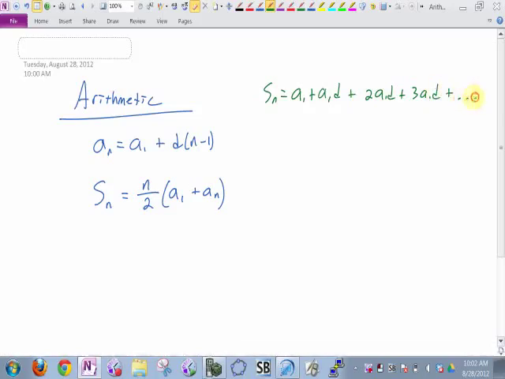Oh, this is different than the proof the book does, but yeah, we can factor a1 out.